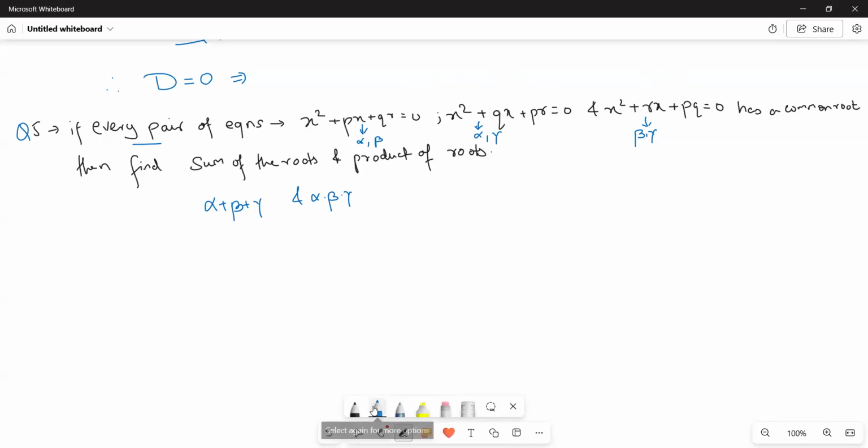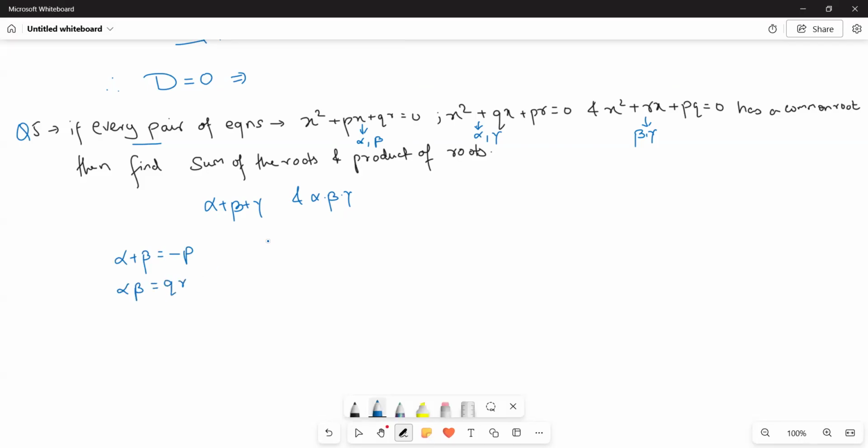So now quickly, how do you find alpha plus beta plus gamma and alpha into beta into gamma? So from the first equation, what would be alpha plus beta? Minus P, and alpha beta hoga QR.